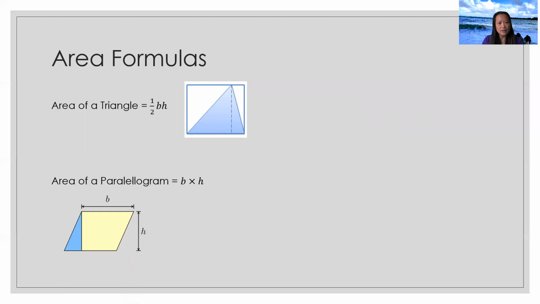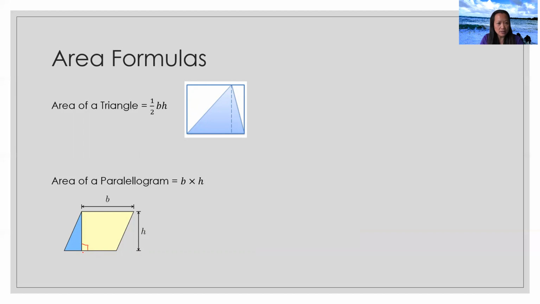If you have a slanted rectangle or a parallelogram, we define that being the base and that being the height. The height goes from one vertex perpendicular to the other side, which right here gives you the height.